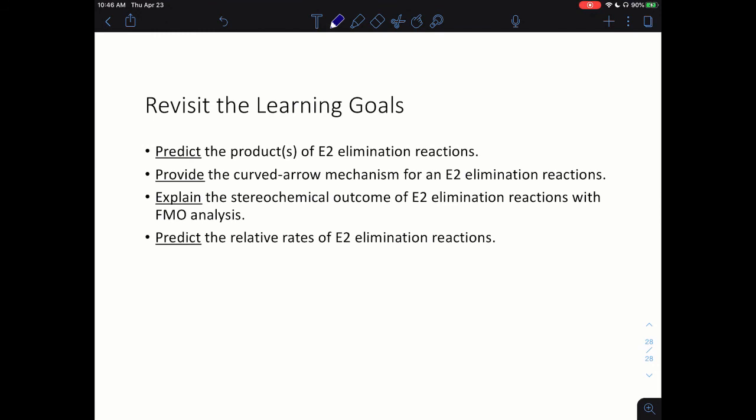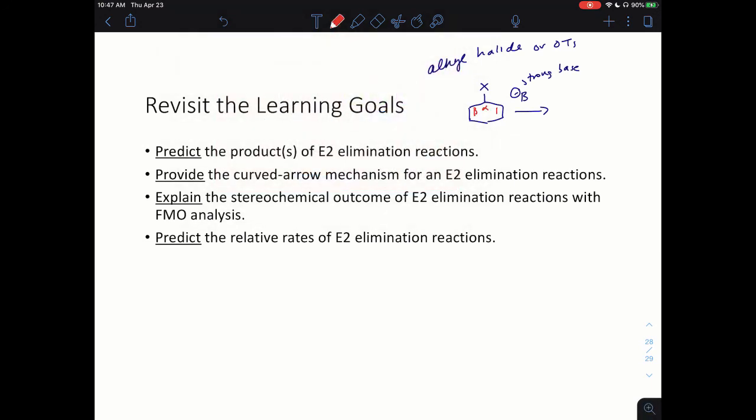Well, it has been an epic journey, but I think we've made it. So can we predict the products of E2 elimination reactions? We can. We're going to recognize them because we're going to have an alkyl halide or a tosylate, and we're going to have some strong base. We're going to identify the alpha carbon.